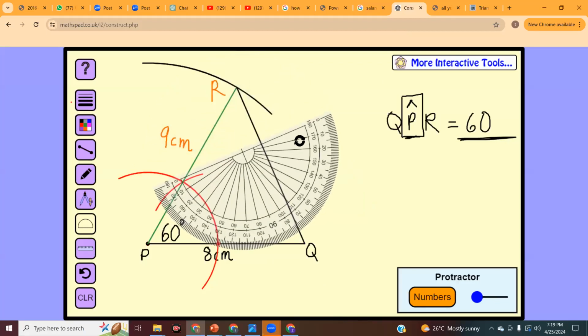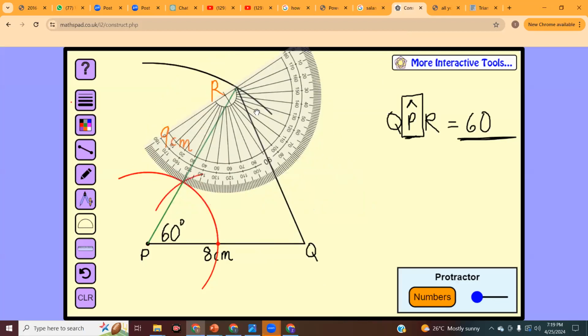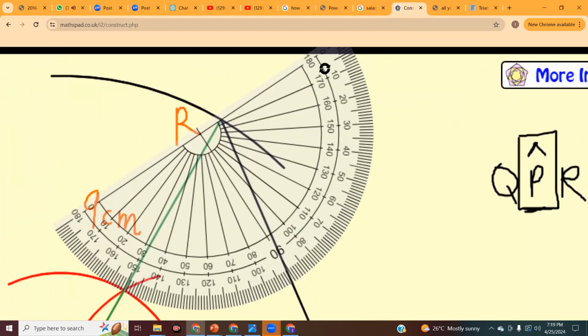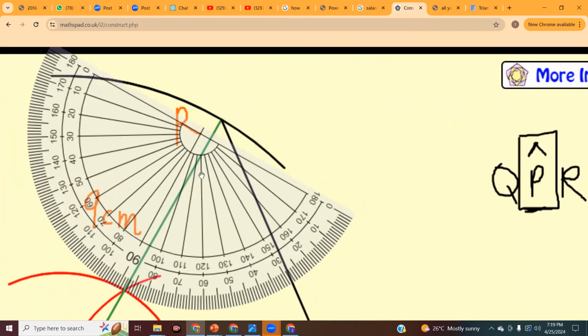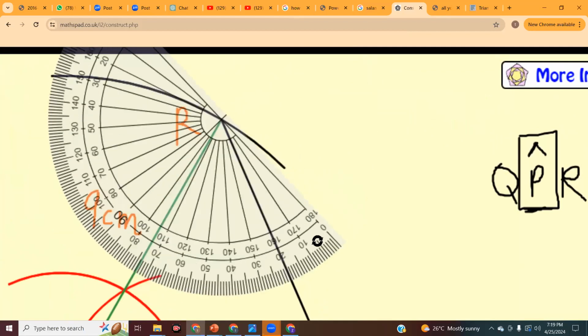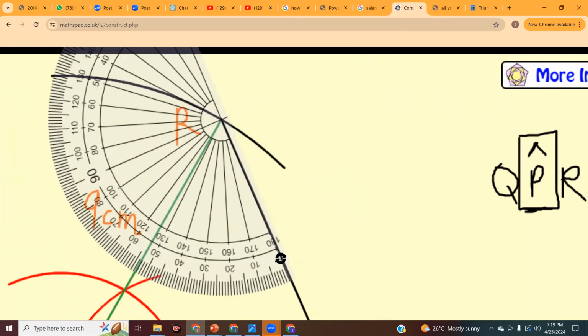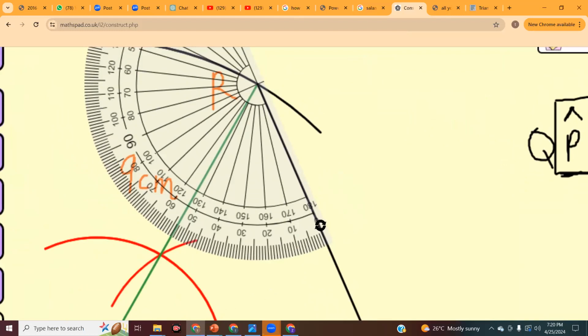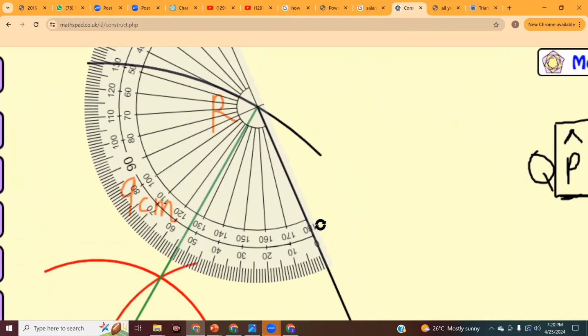So the way we're going to do this is we're going to adjust our protractor, and put the protractor right here. I want my base to start right there. So we're starting at 0, and we want to stop at the green line.